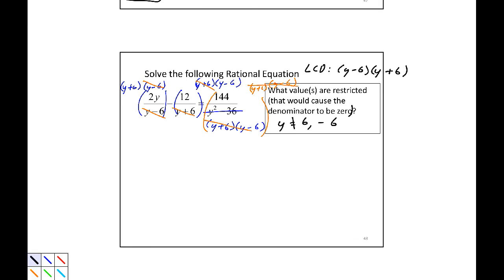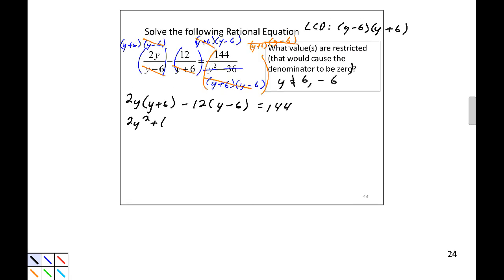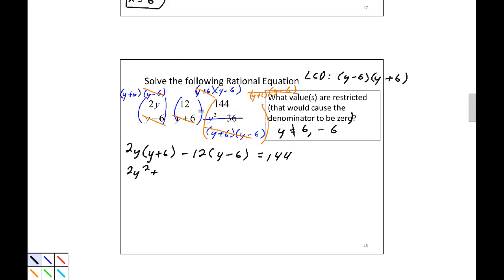So we're left with 2y times y plus 6, minus 12 times y minus 6 equals 144, with that denominator out of the way. Now, distributing, we get 2y squared plus 12y minus 12y plus 6 times 12 is 72, equals 144.